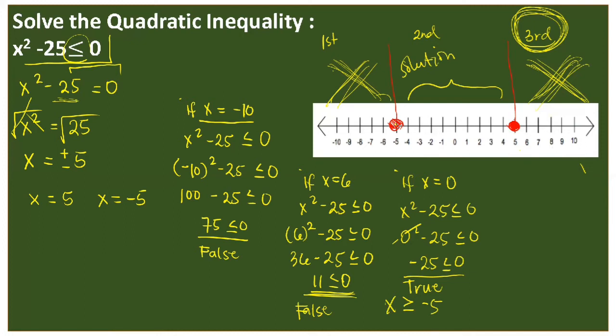So we have another statement: x is less than or equal to positive 5. Now, by these statements, we can have the interval notation. First is to have a bracket, then in the middle is x, with the lower value, negative 5, on the left side and the higher value, 5, on the right side.